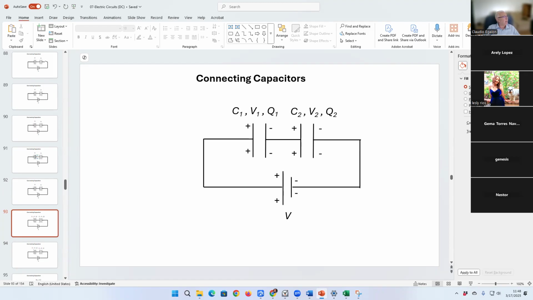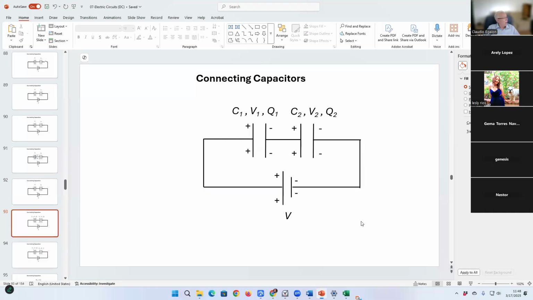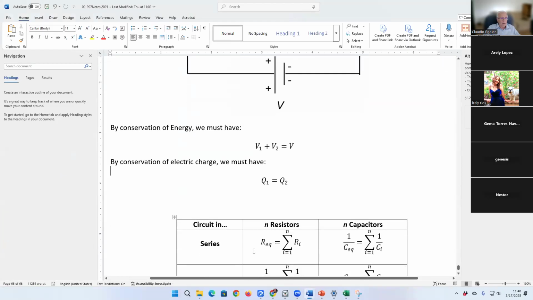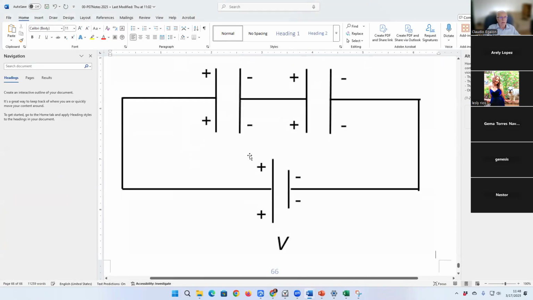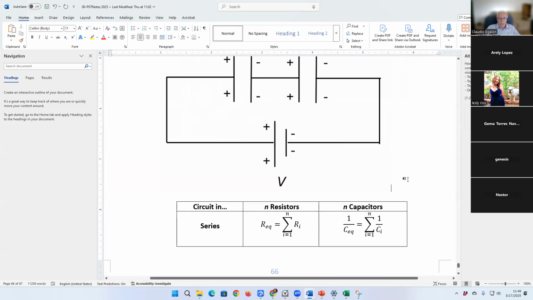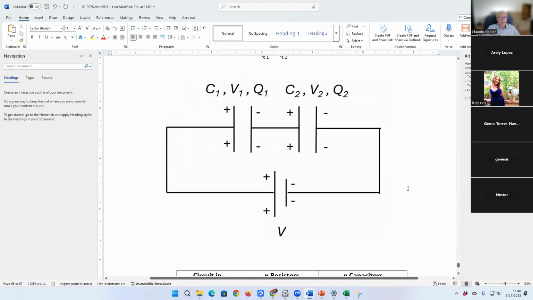That's how we should interpret that. This is an important drawing. If you sum this charge with this charge, you must have zero net charge because we started with a neutral capacitor originally.